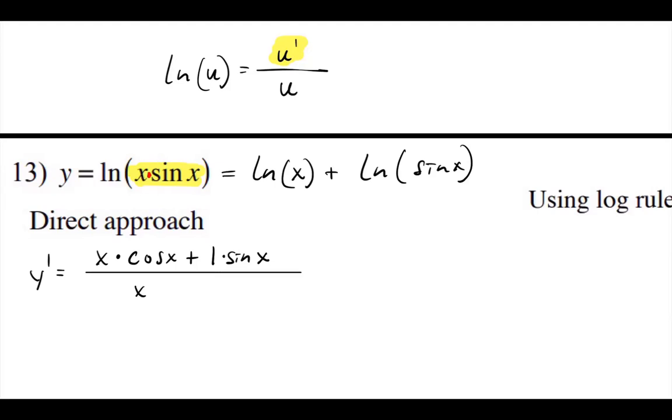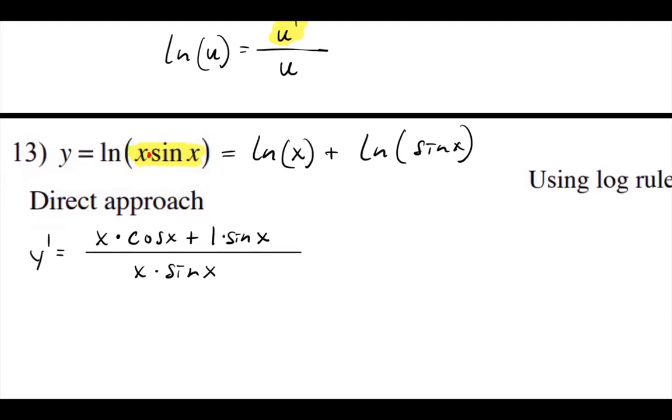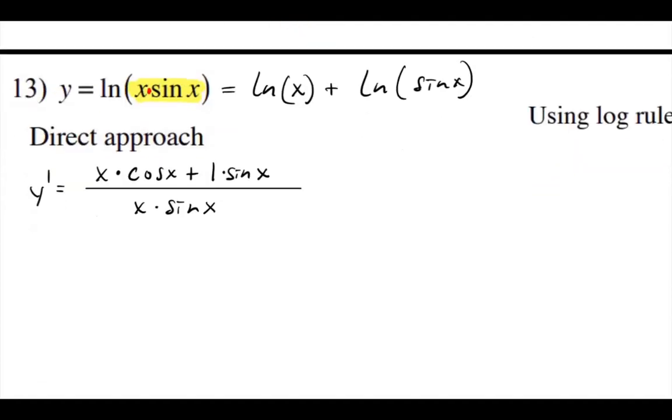And then this would go on the bottom. And then I would simplify that. x times cosine of x plus sine of x over x times sine of x.